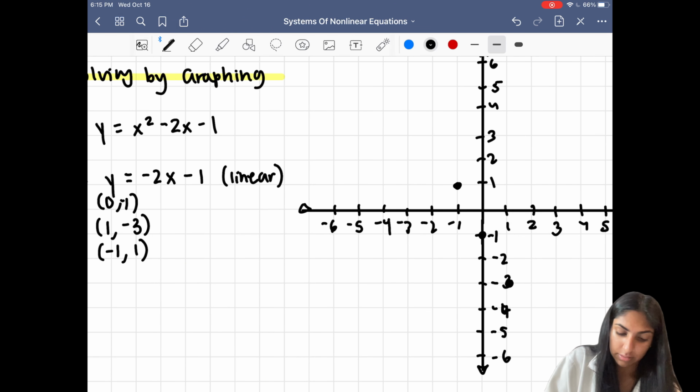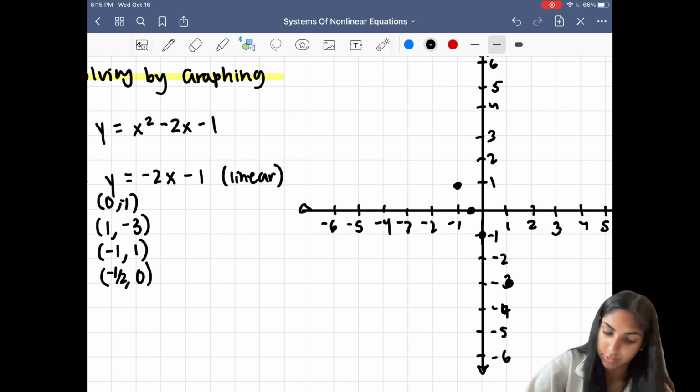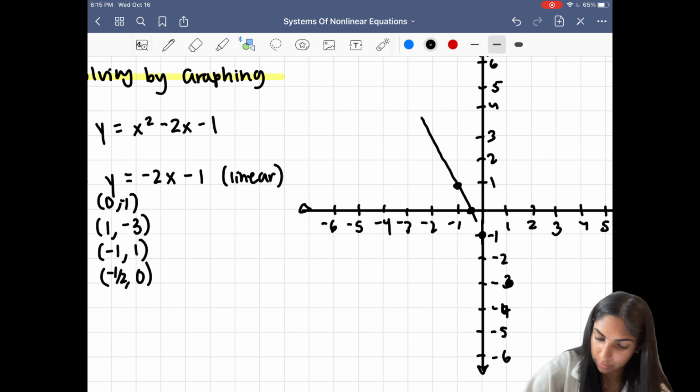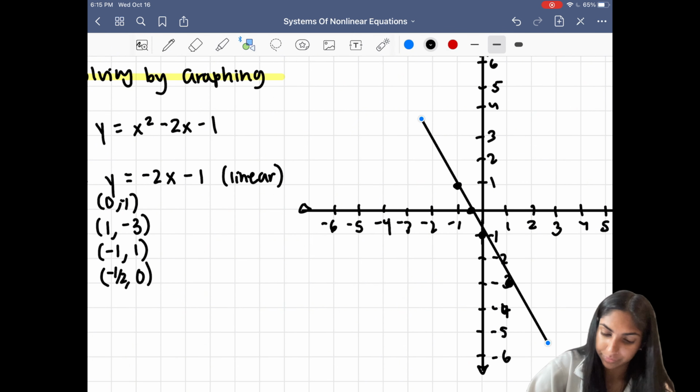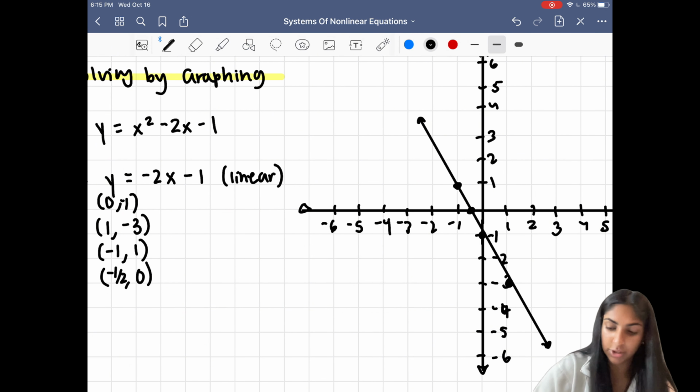And y is 0 when x equals negative 1/2. So that's another point we can plot right here. So this is what our line looks like. Something like that. And now we can start graphing the quadratic equation.